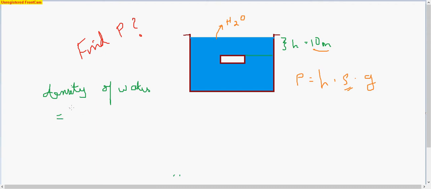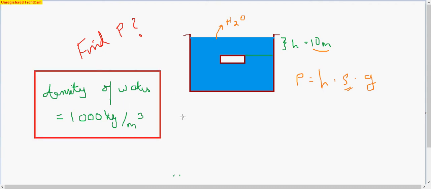Density of water is equal to 1000 kilogram per meter cube. That's quite important, because it is used in all the problems related to water, and in most problems you won't actually get the density of water in the question. Something you need to know.